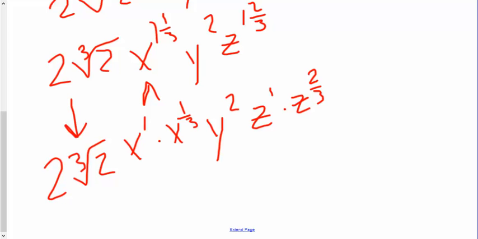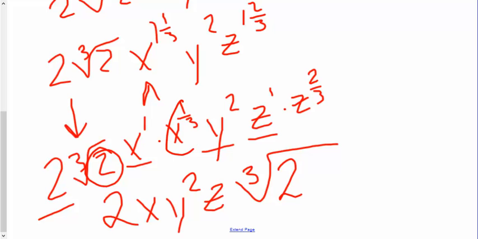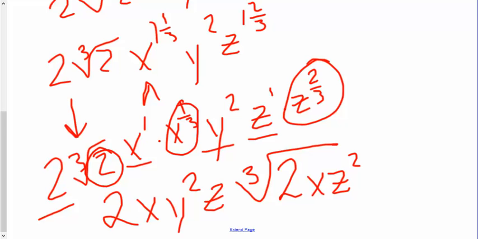So this would be 2, and then x to the first, y squared, z to the first. Then underneath the cube root, I have that original 2 that I couldn't get rid of, that x to the first power, and z to the second because it has that power of 2.